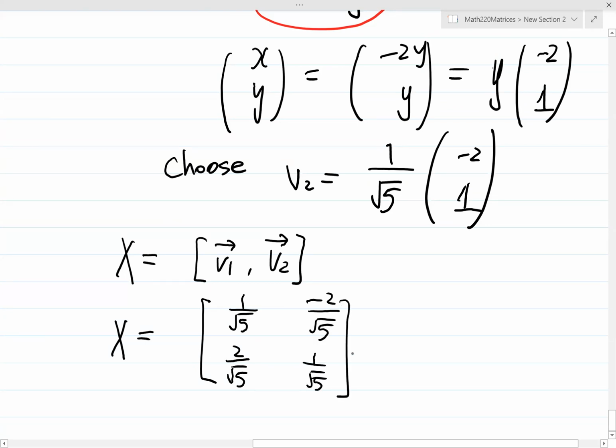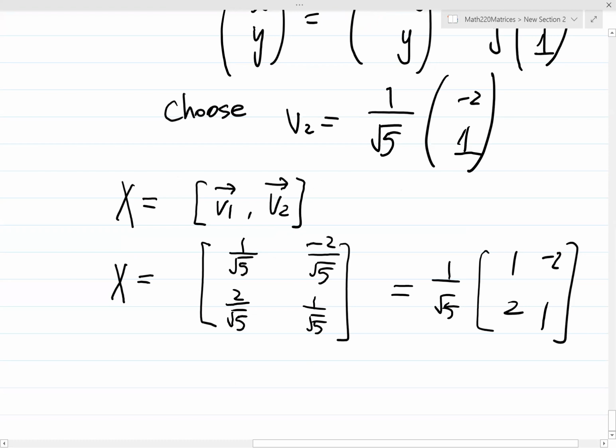So we can write it as 1 over root 5 times the matrix (1, negative 2; 2, 1).